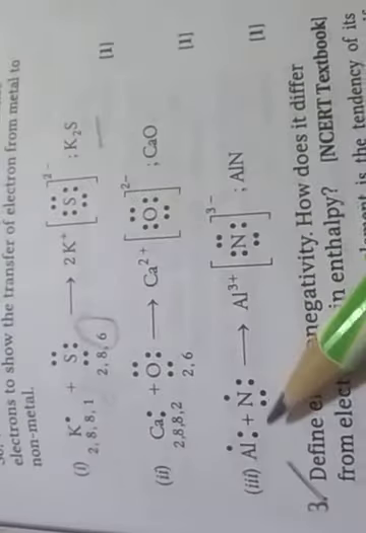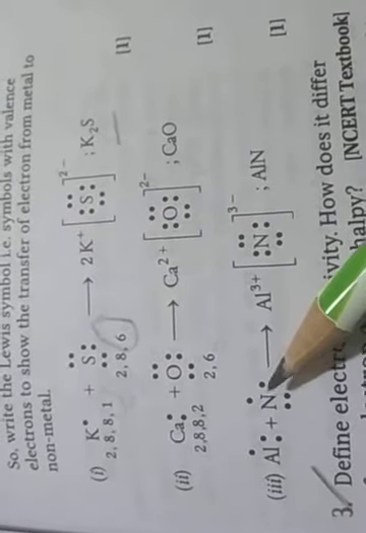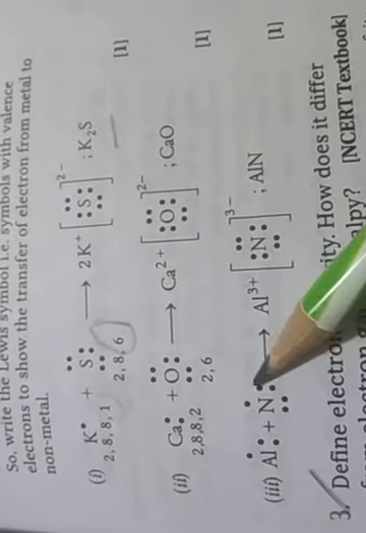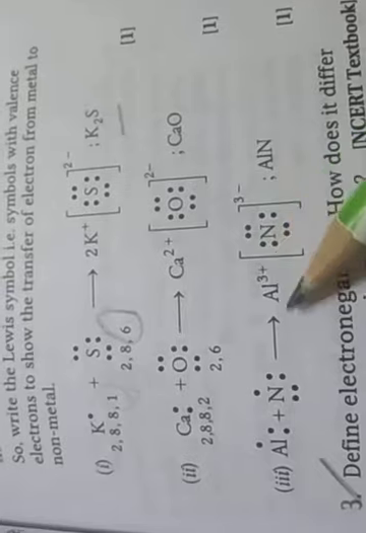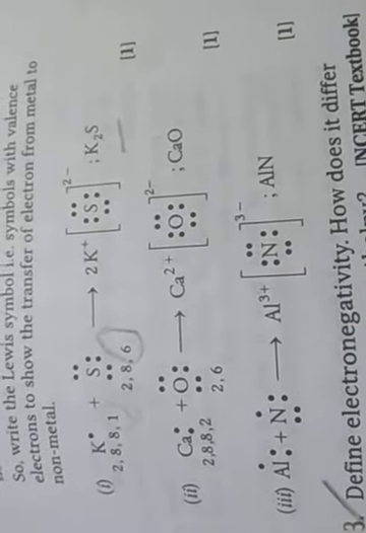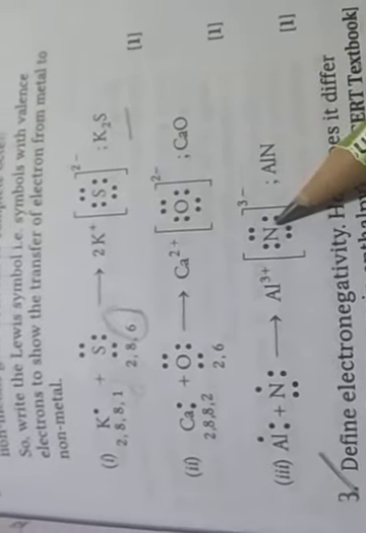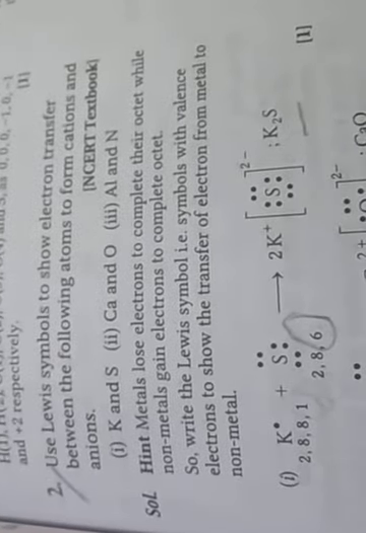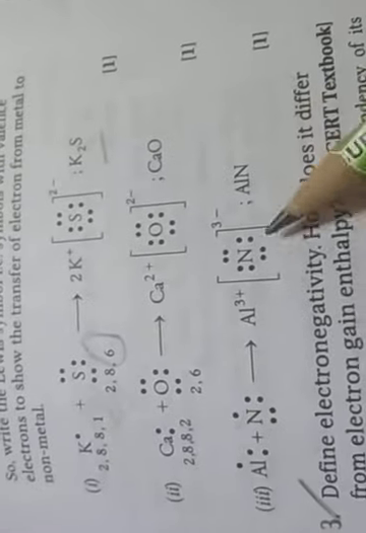Aluminium has 3 electrons in the outer shell and nitrogen has 5: 1, 2, 3, 4, 5. Aluminium loses 3 electrons to give 3 plus, and nitrogen gains 3 electrons. So AlN. This is the ionic way, cation and anion, and this is the Lewis symbol, and this is the electron transfer we have to represent, and this is the compound in molecular form.